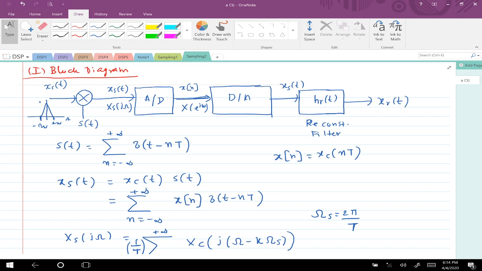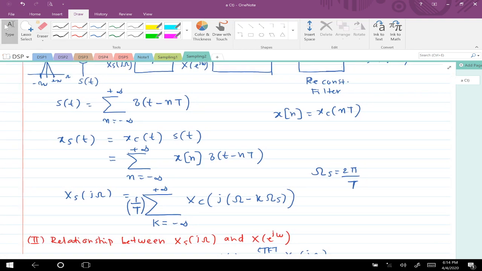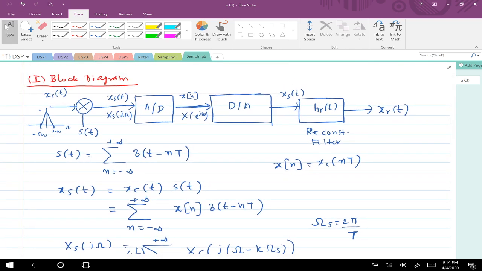So you have multiple copies of it placed. This convolution would also introduce 2 pi by t. That 2 pi anyway gets cancelled there, and there is a scaling factor of 1 by t to the magnitude, followed by placement of these multiple copies at each omega s.